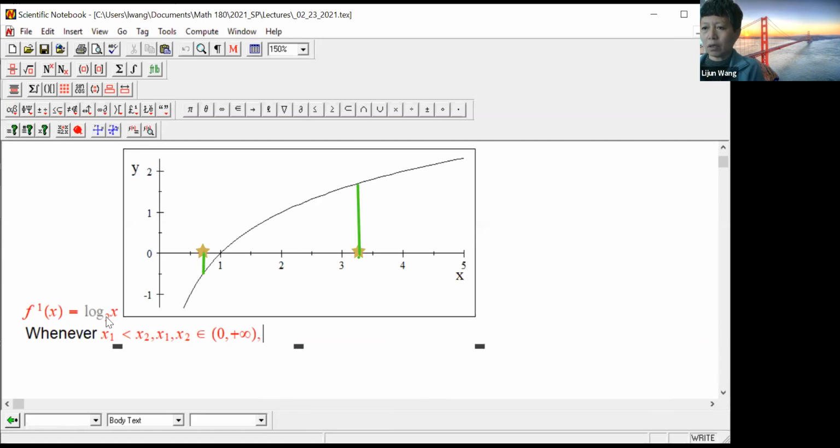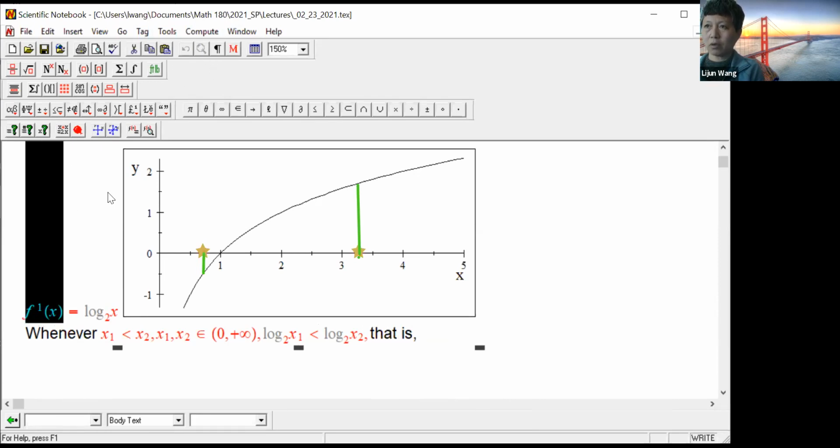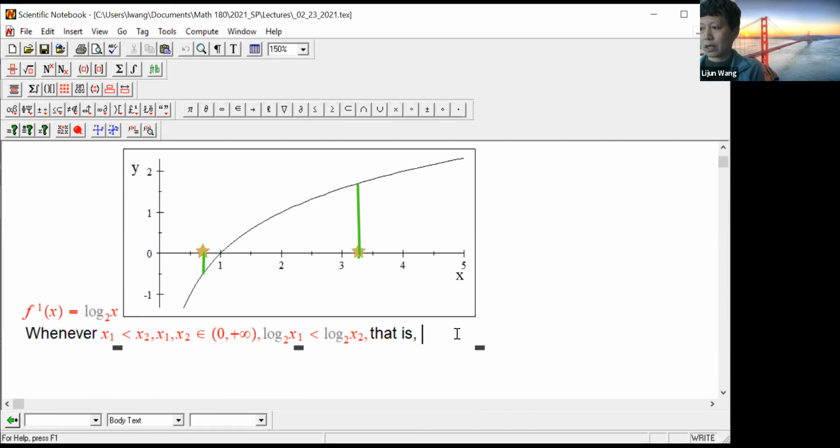Okay, so then log base 2 of x sub 1 is going to be less than log base 2 of x sub 2. That is f of x. I'm using this notation, so I'm going to be consistent with it. So f of x sub 1 is going to be less than f of x sub 2.